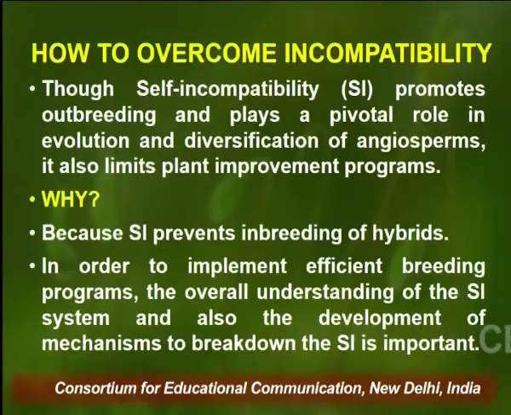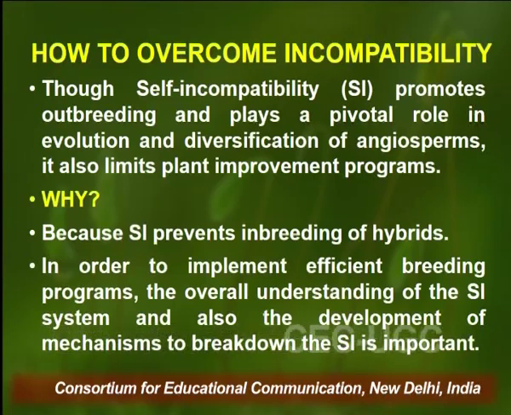Now, we have so far been talking about the benefits of self-incompatibility, and I have told you that self-incompatibility promotes outbreeding and plays a pivotal role in evolution and diversification of angiosperms. This leads to plant improvement. Then why do we talk about overcoming this self-incompatibility?